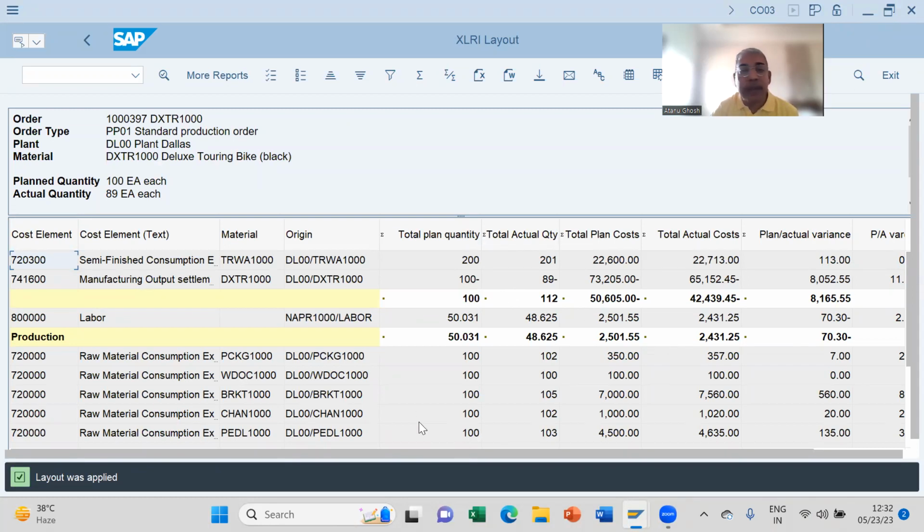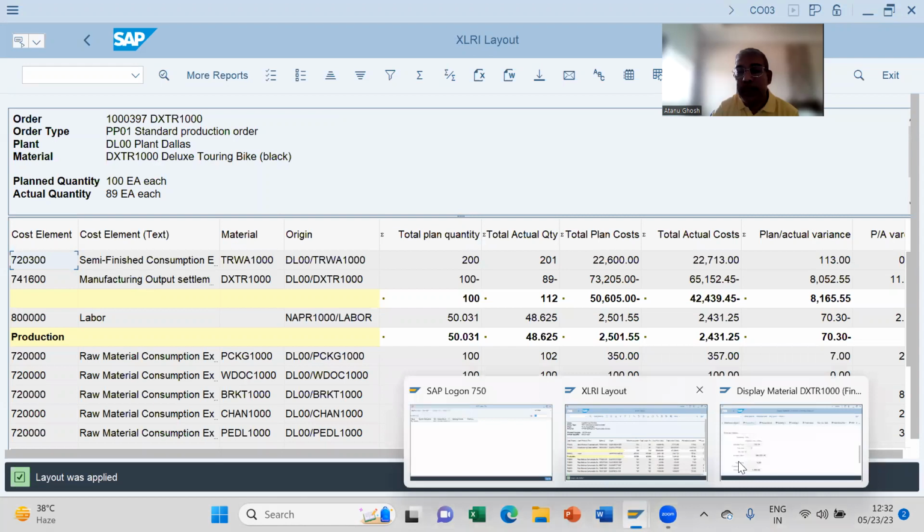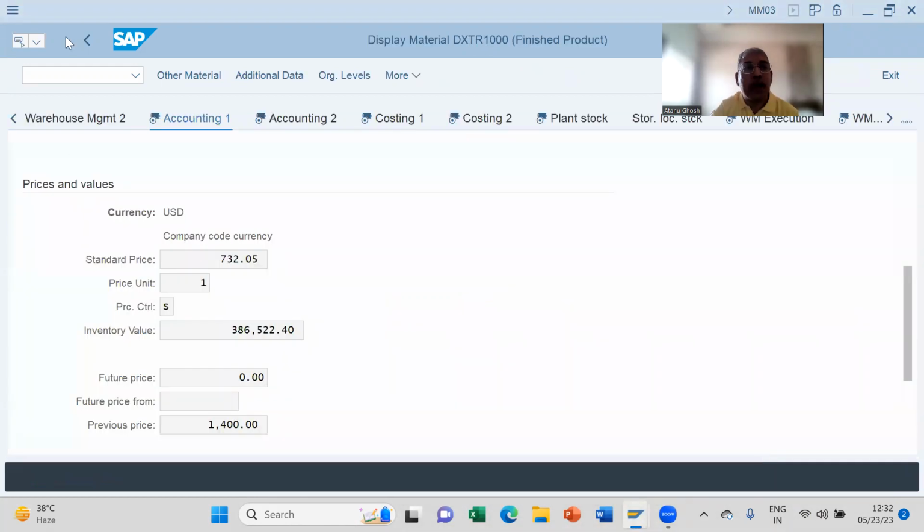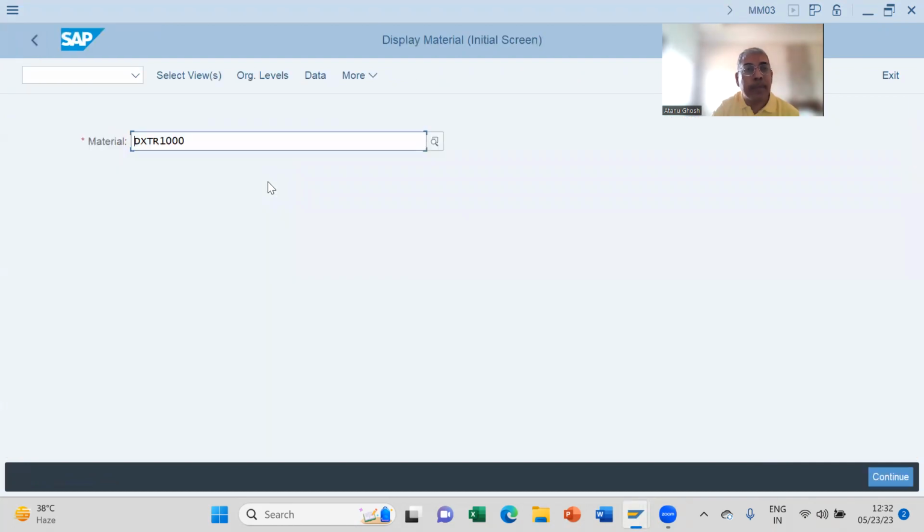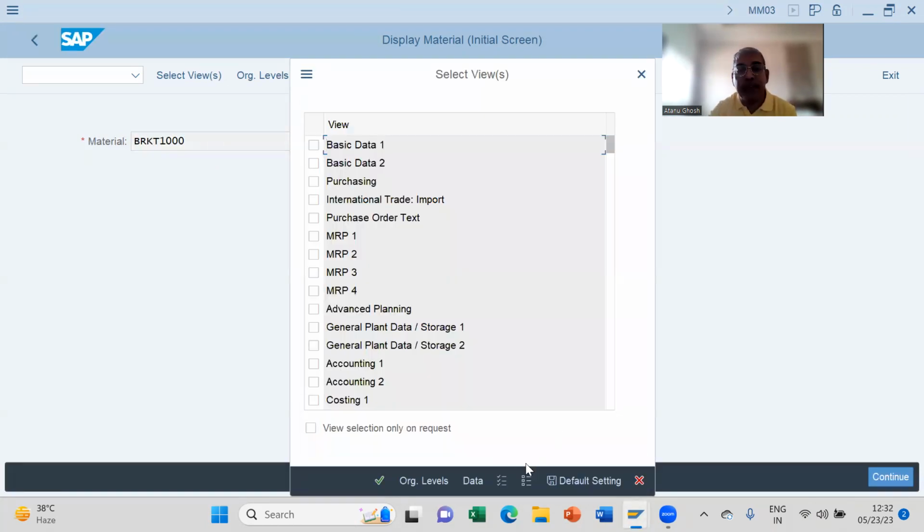Now let's look at a raw material. Let's look at our favorite raw material, BRKT, 100. Now let's see the price of BRKT. BRKT, remember, is managed on moving average. Inventory is valued on moving average.